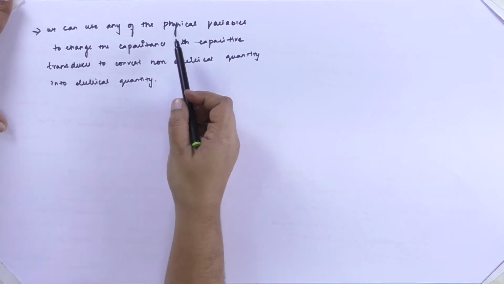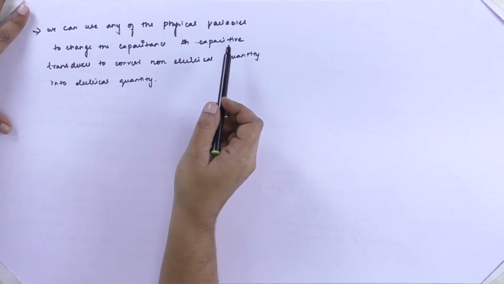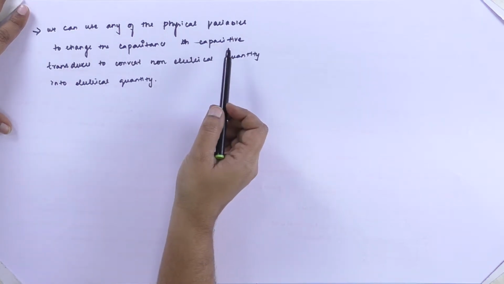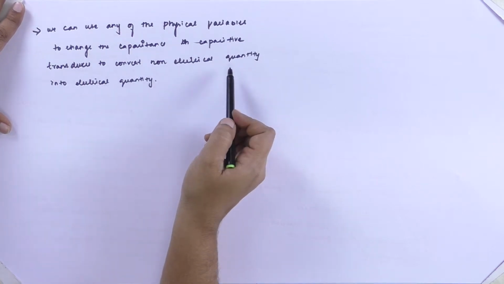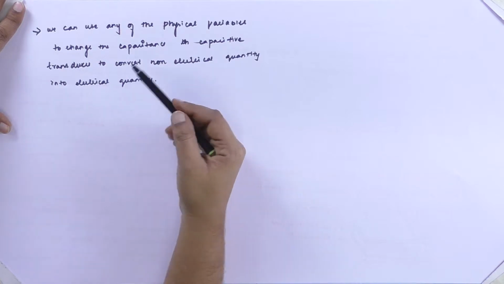As we see, physical variables like displacement, pressure, force, level, flow, etc. can be used to change the capacitance value in the capacitive transducer to convert that non-electrical quantity, that is the physical variables, into an electrical quantity.